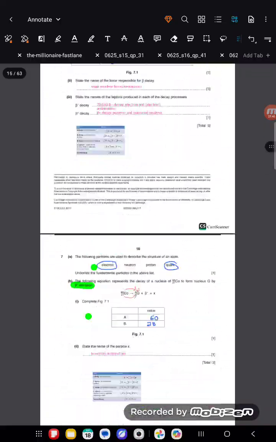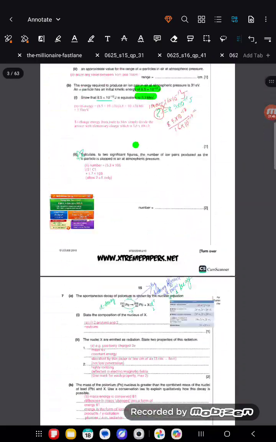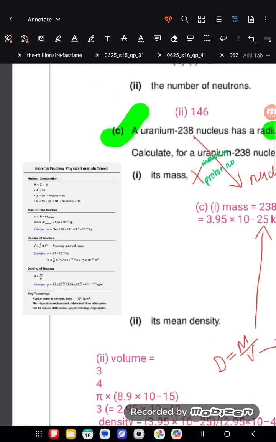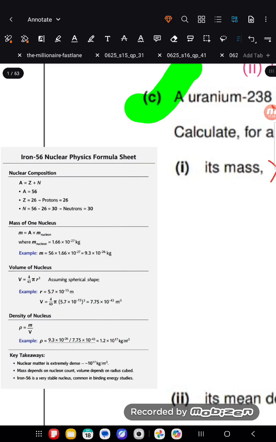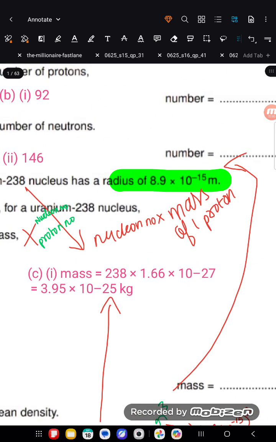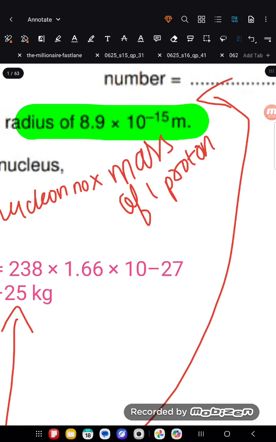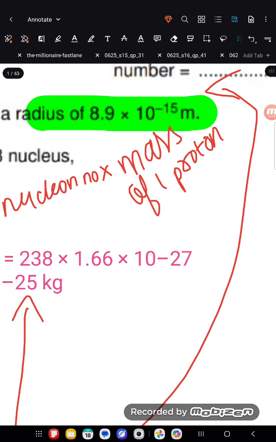Now let's move to this. So the formula for mass: mass of one nucleus is nucleon number multiplied by mass of one proton, and mass of one proton you have to memorize, or I think they will give it in the formula sheet in the paper, but raised to minus 27.